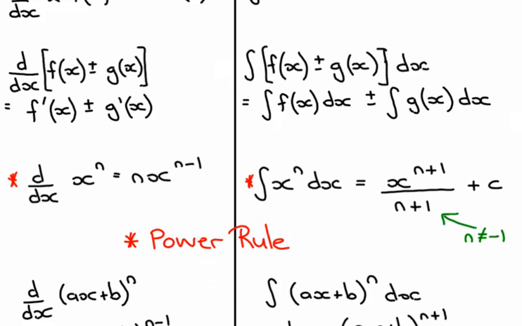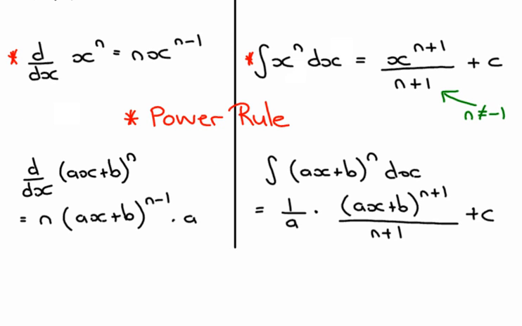Now here's one of our most important rules, which we learned in differentiation, which translates into integration, the power rule. The derivative of a power is equal to, now remember, you take the exponent to the front and you subtract 1. Now, it works the opposite way around with integration, and this will be a lot easier to visualize when we're doing examples.